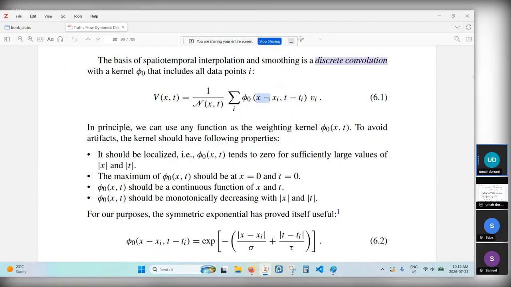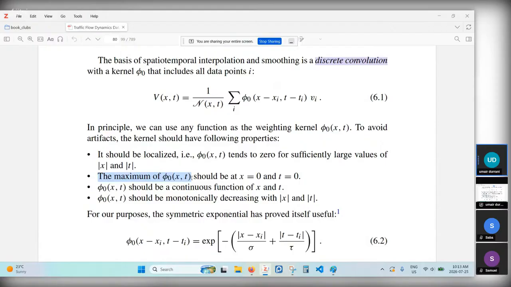So we are looking at the difference between the location we are interested in and the detector's location, and the time we are interested in compared to when the speed was reported. We want to see what the speed is at other locations and other times than those given by the discrete measurements.